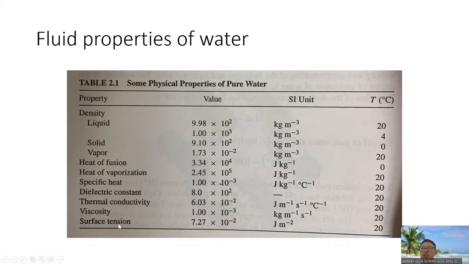The surface tension is measuring the ability of the substance to pull itself together. So in this case, it is 7.27 multiplied by 10 to the power negative 2 joule over meter square. That's why you can see that they are referring to the surface area. So the amount of energy required per meter square.